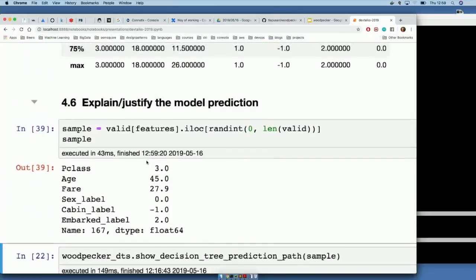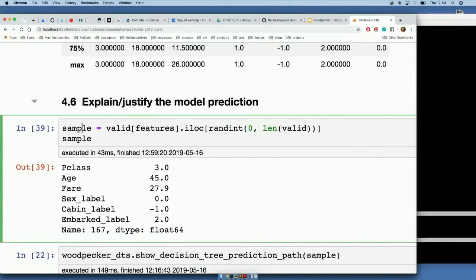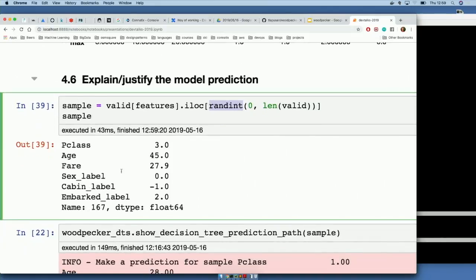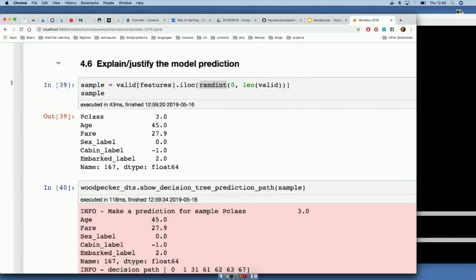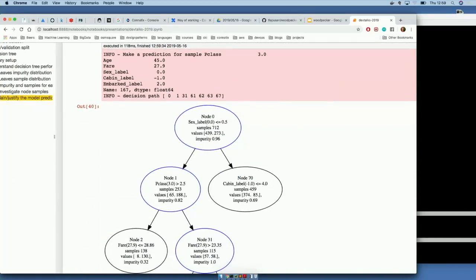First, let's take a sample from the validation, or a random sample. And you can see that the P class is 3, the age is 45, and so on. And in this case, if someone asks me again why your model, a decision tree in this case, has that prediction, I can very simply explain why.